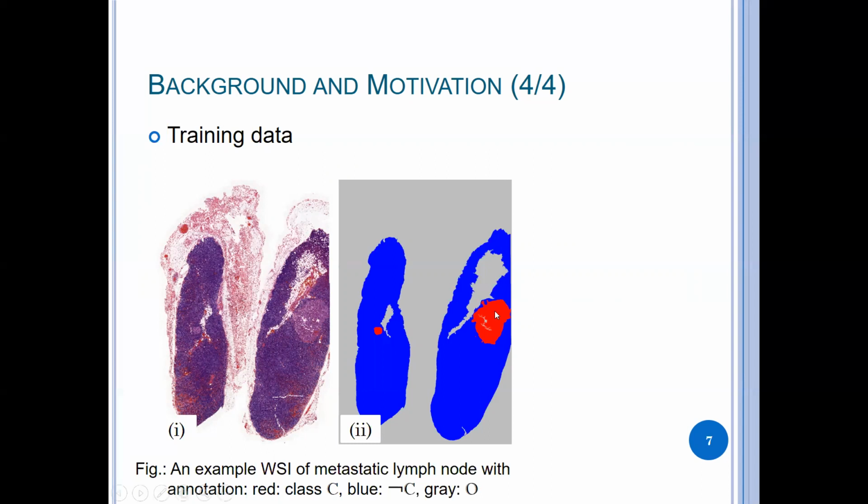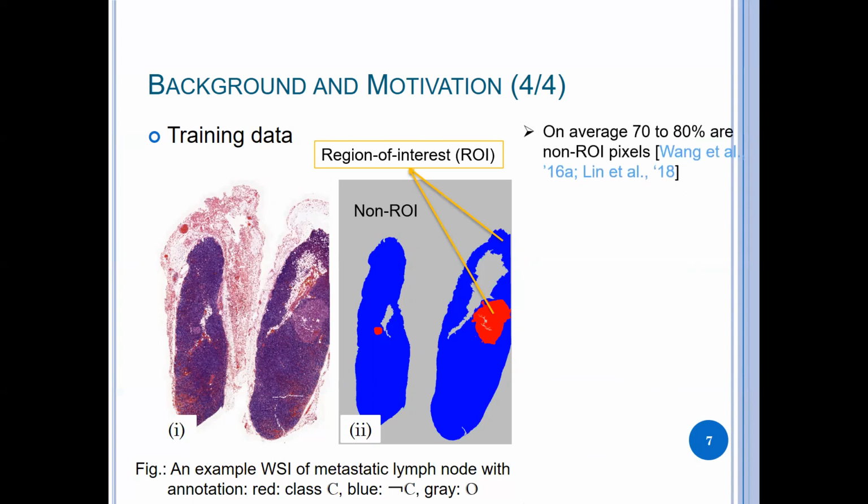The red color represents the cancer class, blue represents the non-cancer class, and gray represents the other class, which is mainly background and histological structure other than lymph node. However, the lymph node is the region where pathologists look for abnormalities. Thus, it is the region of interest or ROI, and the remaining are the non-ROIs.